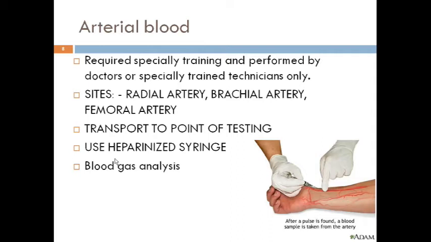Blood gas measurement is done for oxygenation problems in patients suffering from pulmonary embolism or pneumonia. The sites of arterial puncture are mainly the radial artery, brachial artery and femoral artery.